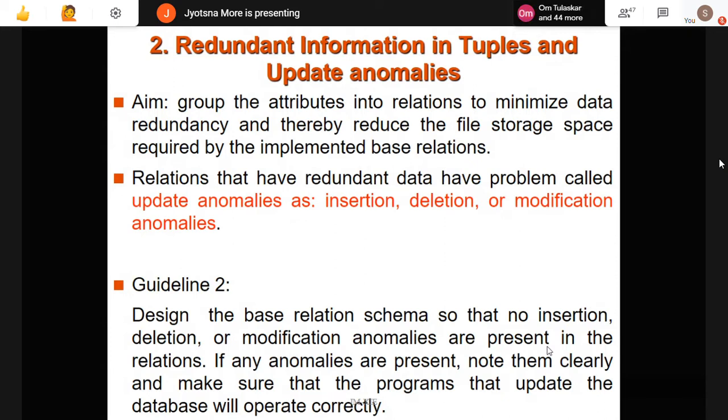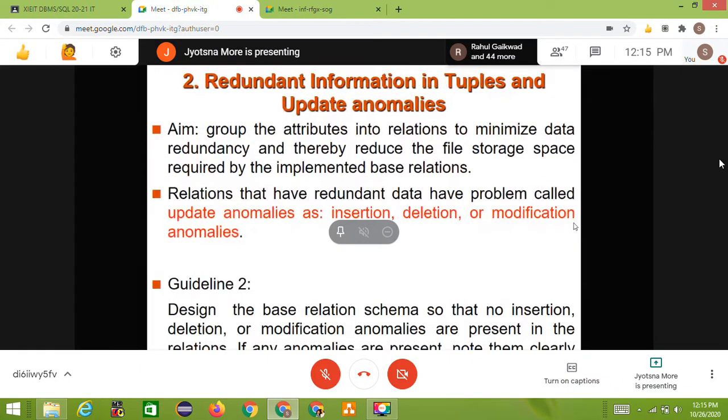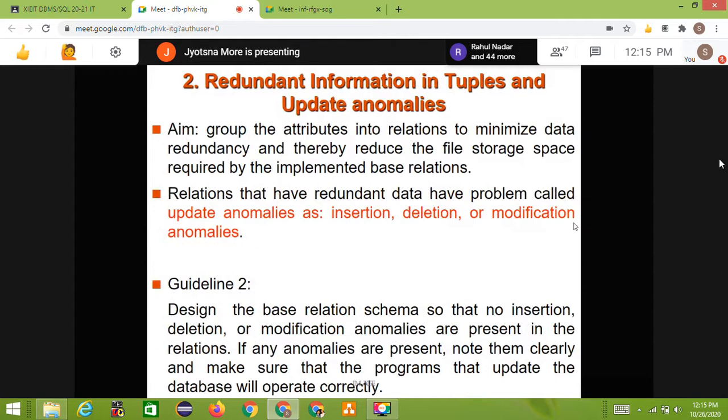So here, redundant information in tuples. See to it that your tuples will not have a similar kind of information. Now suppose I require faculty as one of the relations for my course system, but I am also adding teacher as another relation in my schema.